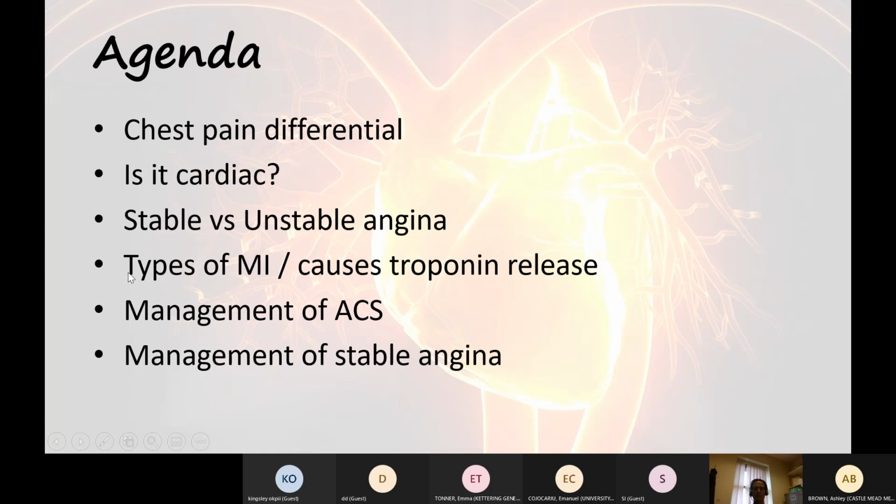We'll go over the acute coronary syndrome side of this, so types of myocardial infarction, and obviously not all troponin releases are myocardial infarction, so we'll go over that. And we'll talk about how we manage different types of acute coronary syndrome and a bit about how we manage stable angina. So hopefully this talk will give you basically all you need to manage coronary artery disease.